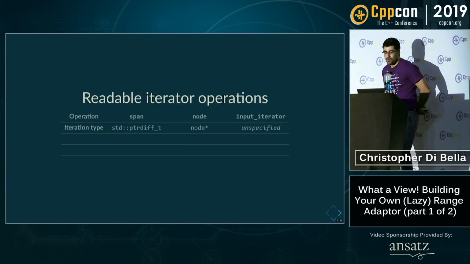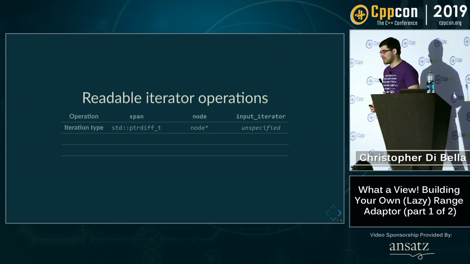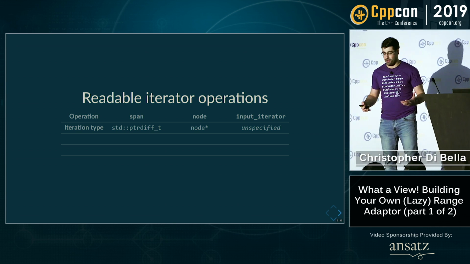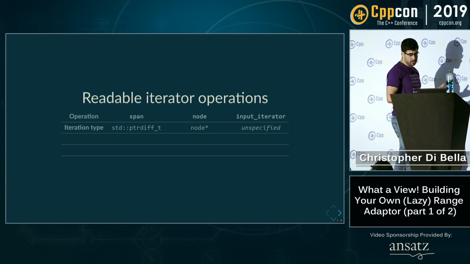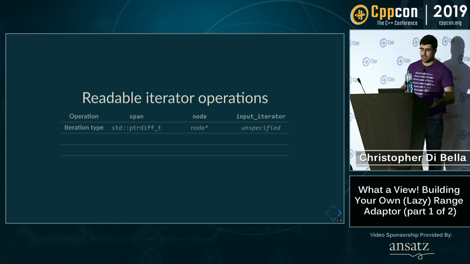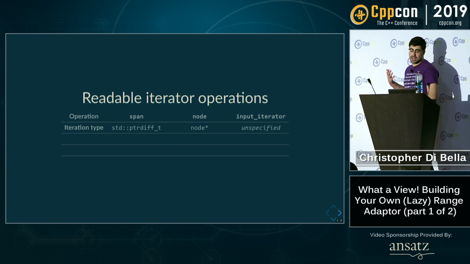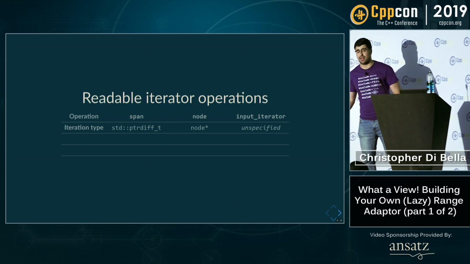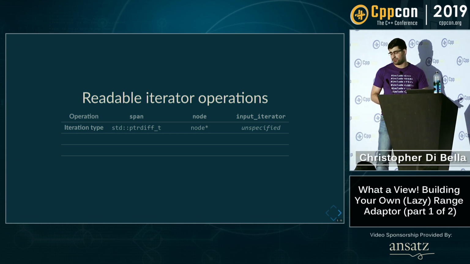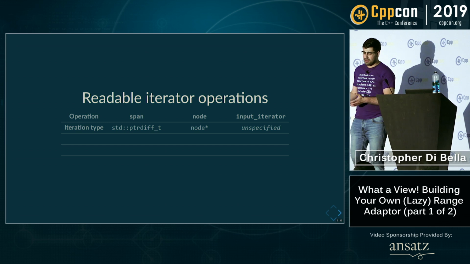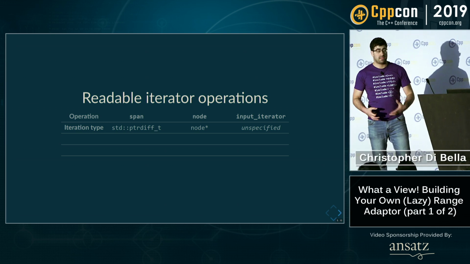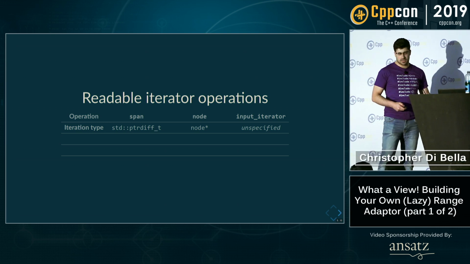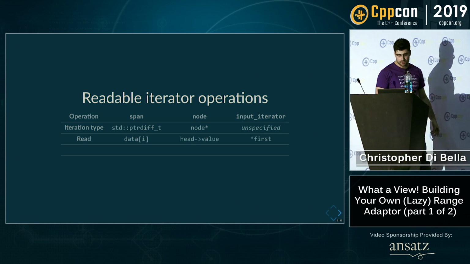So, readable iterators are things that we can surprisingly read from. With span, we use an index, and with a linked list, we have a node that's presumably a pointer. For an input iterator, which is an iterator that we can read from, it's an unspecified type. It's really just an implementation detail.